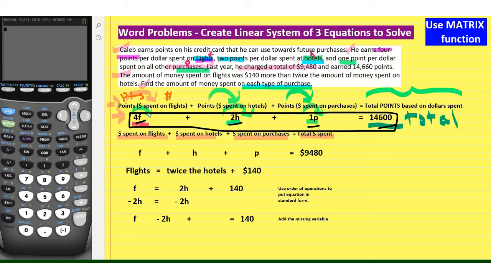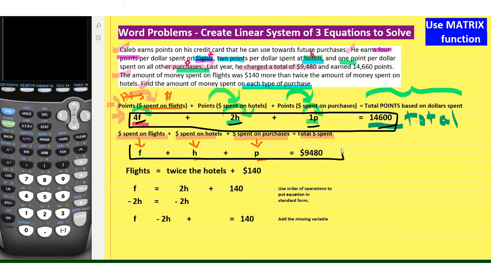So the F represents the dollars spent on flights. The dollars spent on hotels is just the variable H. That's F, H, and P. This represents the dollars spent on other purchases. So we're going to have dollars plus dollars plus dollars equals total dollars. Okay, so that is going to give us our second equation that we will use in our matrices. And again, just notice that they are lined up, F, H, P, and a constant.